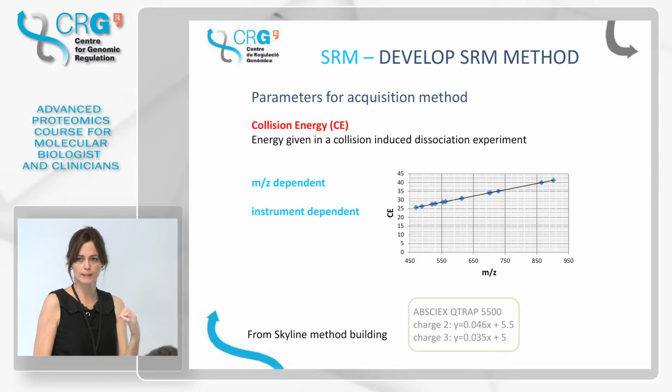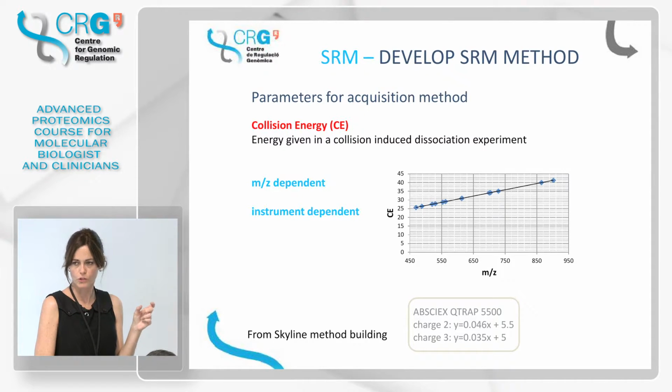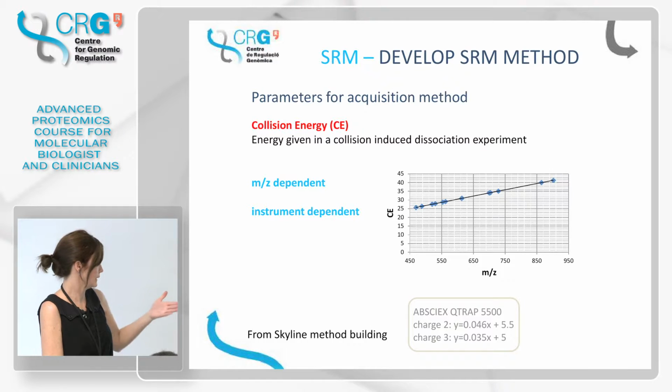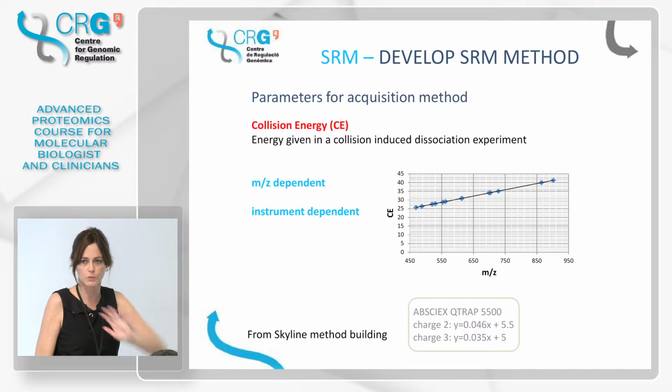In this case, we can tell Skyline which instrument we use, and it gives us the best collision energy for each one of these pairs, because the collision energy also depends on the mass to charge. So not necessarily will each peptide use the same energy. We use this equation that Skyline applies for you. You just tell it the masses and it calculates the best collision energy. And this is the parameter that the instrument needs.